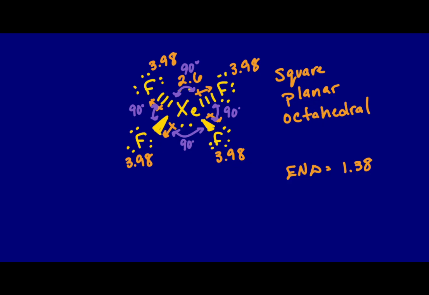Whenever you have symmetric bonds with the same electronegativity differences, all of those individual bond dipoles will cancel. And so even though we have these lone pairs on the xenon, it is still going to be a non-polar molecule.